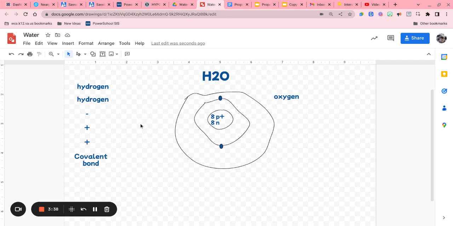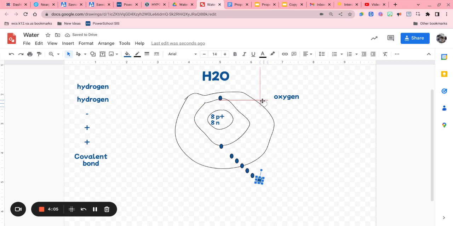So here we go. Let's hope I'm a little bit more successful. 1, 2, 3, 4, 5, 6. I'm just going to scatter them about to try to keep my electrons from repelling each other. I'll put one there, and there, and there.